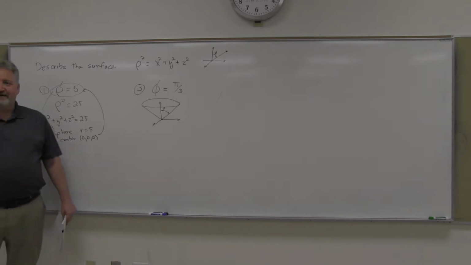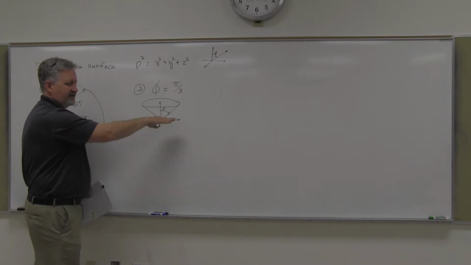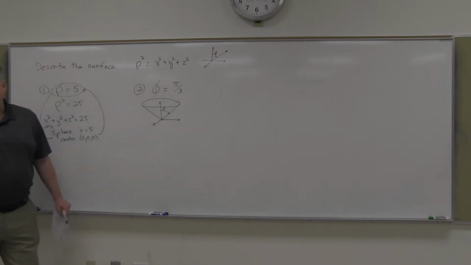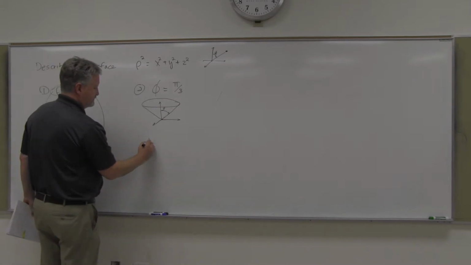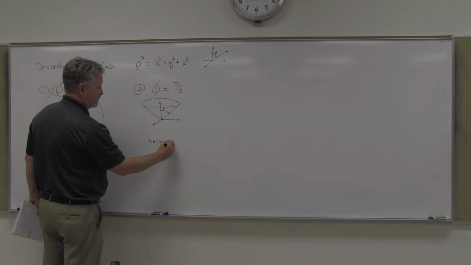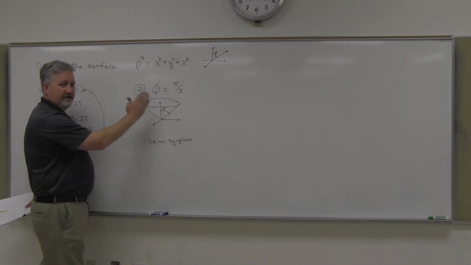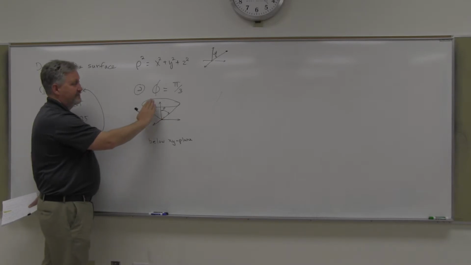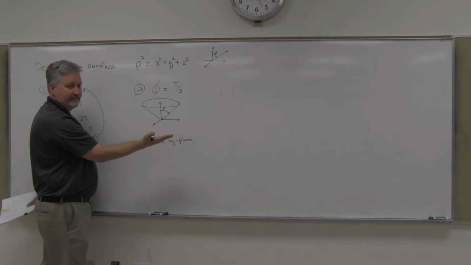Now, question for you. That's the cone that's above the xy plane. How would I get one that's below the xy plane? It's above the xy plane if phi is between 0 and pi over 2.